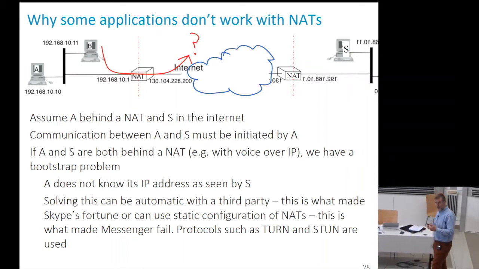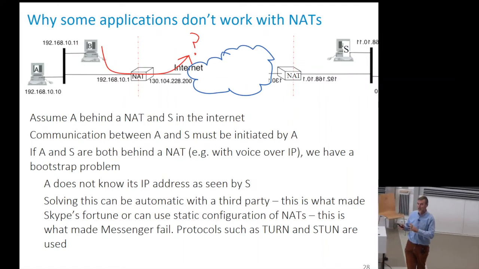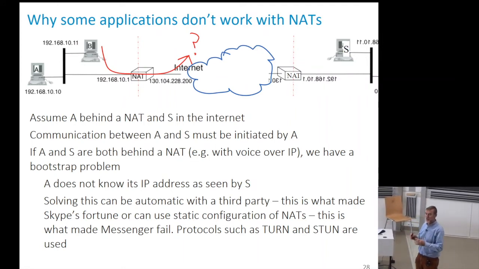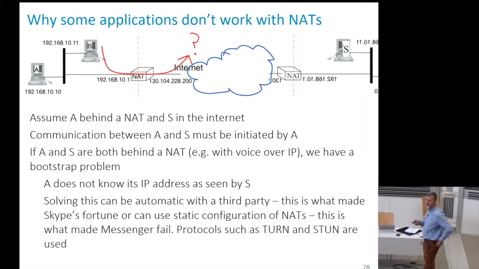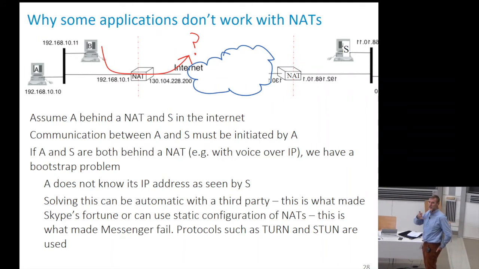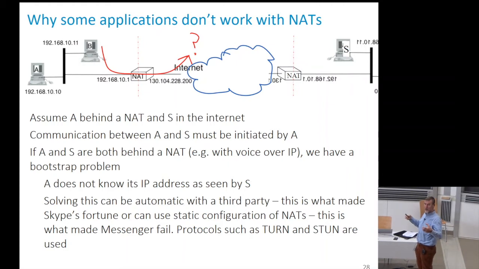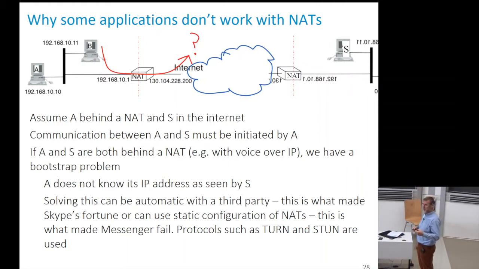Things are a bit more complicated because not all NATs do exactly the things the way they should. Not all NATs implement the mapping the same way. So you need to test how the NAT is behaving, and Skype does all this. It tests all the possible cases. In the worst case, it doesn't work peer-to-peer. You have to go through a Skype server for the communication to happen.